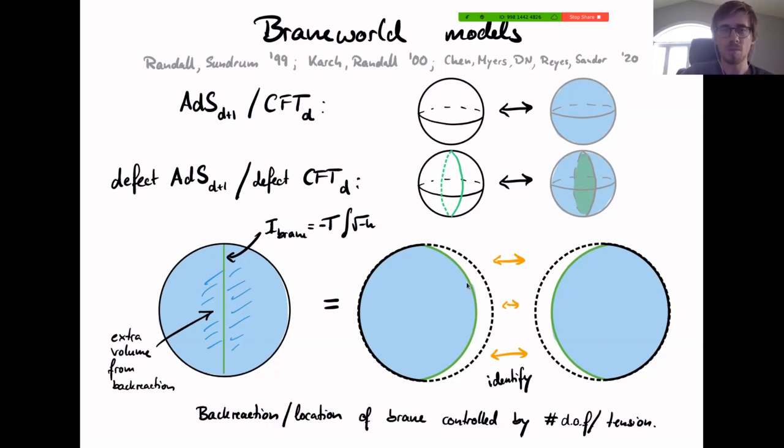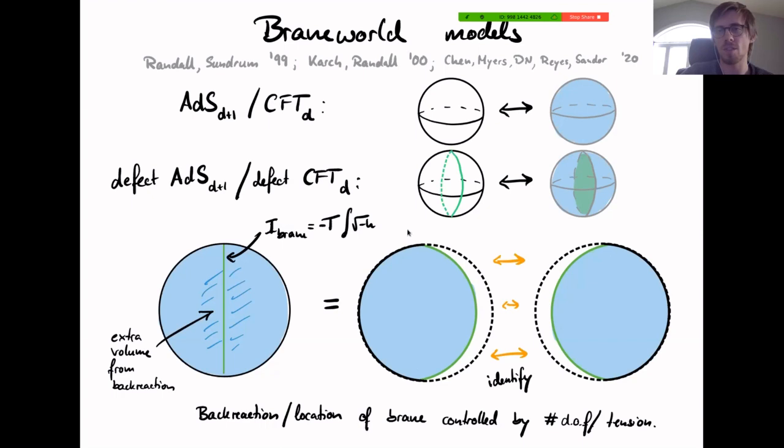OK. Now, just in case the question comes up, you might want to ask, if I increase the tension here, what does that mean in terms of my CFT defect? What we want to do is imagine that there is a codimension 1 CFT living on this defect, and the number of degrees of freedom of this additional codimension 1 CFT more or less corresponds to the tension.